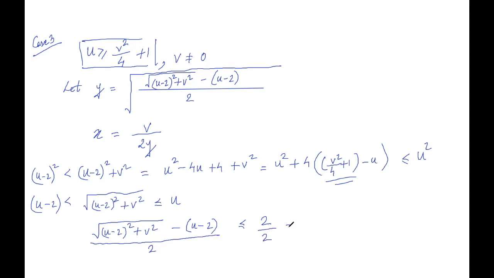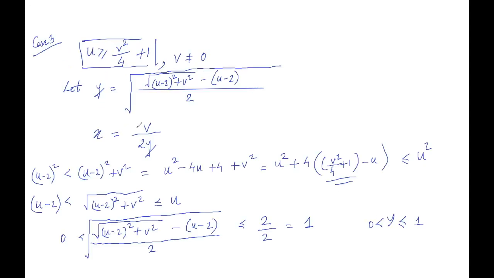So the right hand side is coming out to be 1, and the left hand side is 0. And now if I again take the root, it will still be less than or equal to 1 and greater than 0. So I have here y is less than or equal to 1 and strictly greater than 0. So my y satisfies the criteria of the domain.